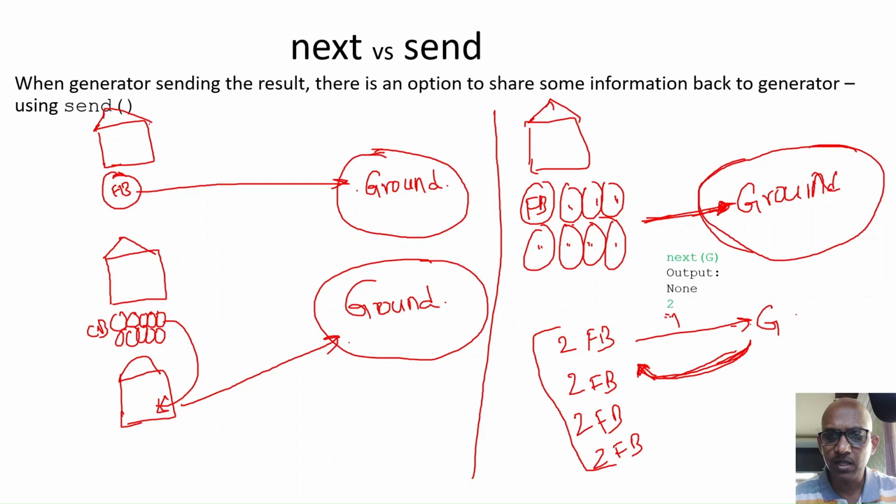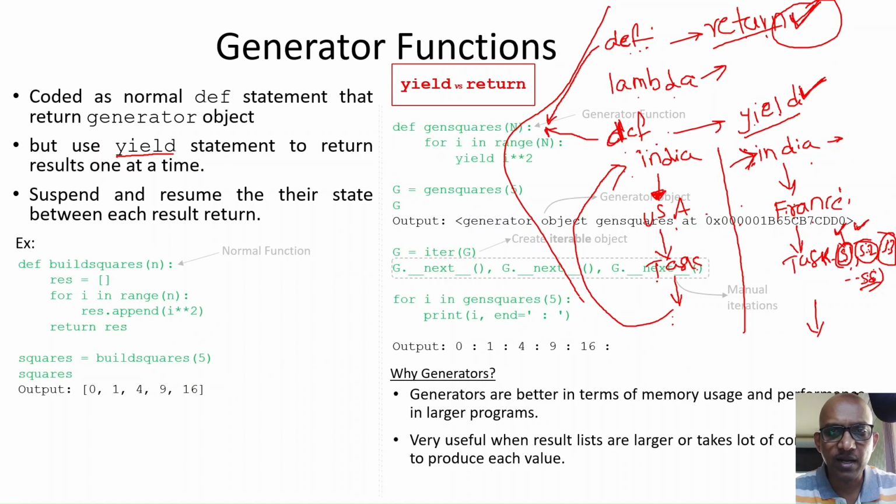You go there with 2 footballs and come back with empty hands. And again, taking 2 more footballs, going to the ground, and coming back with empty hands. So on, until the last football is placed on the ground. Yes, this is the same approach we are going to apply here also.